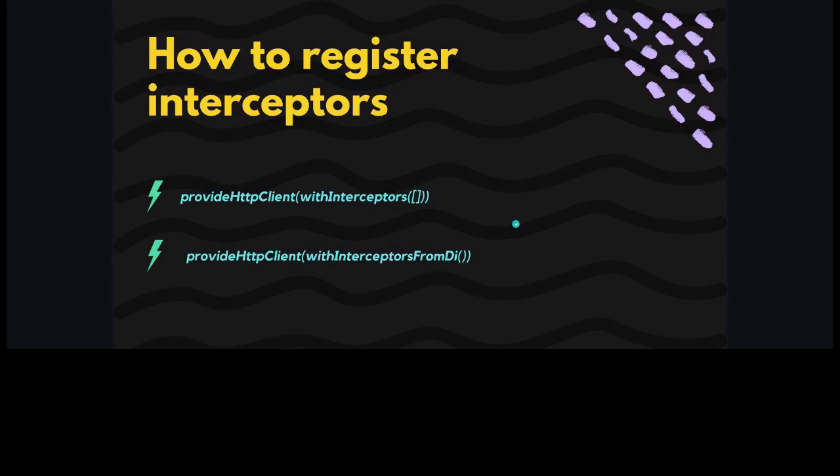Okay, and if you don't want to migrate your interceptors and keep them like classes in modules, you use the provideHttpClient helper function, and you can use withInterceptorsFromDi, and that's all. So at this moment, thanks to this function, Angular is capable of registering your interceptors like before.